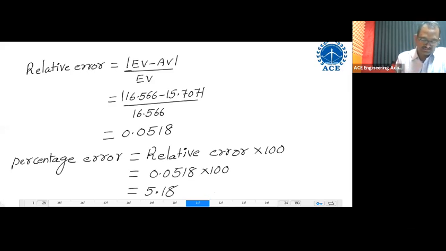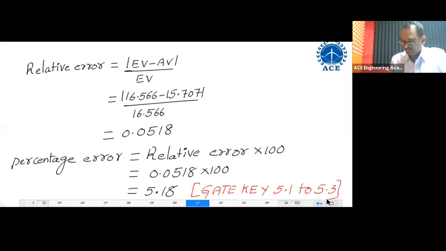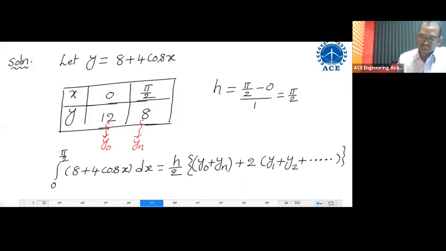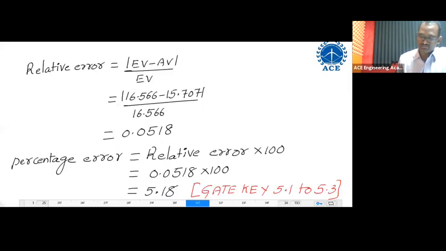The GATE key answer is 5.1 to 5.3. Any number you write between 5.1 and 5.3, full marks will be awarded.